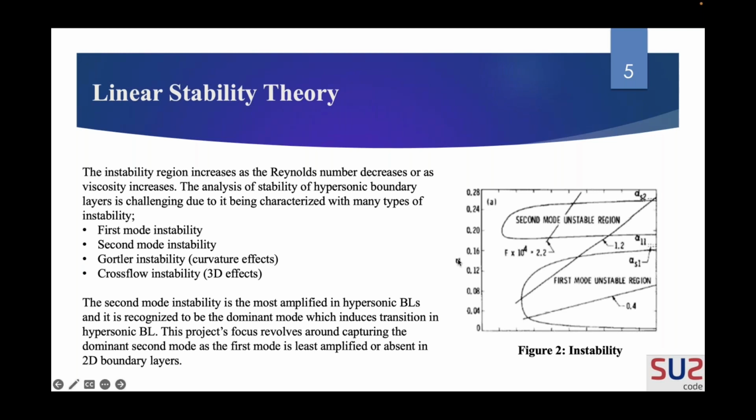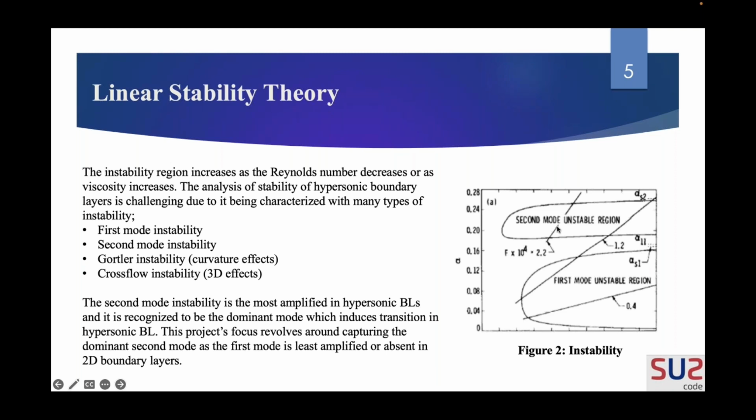From this plot of frequency and local Reynolds number, we observe the first mode instability curve and the second mode instability curve. There are three cases, as you can see, 1, 2, and 3. In the first case, we only observe the first mode instability. In the second case, we observe the first mode instability and then the second mode instability comes into the picture.